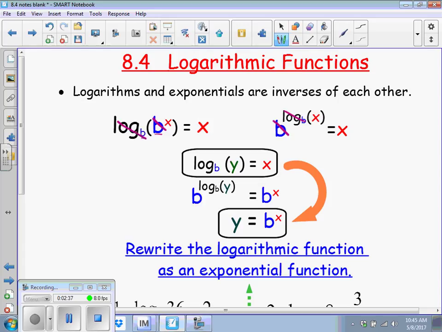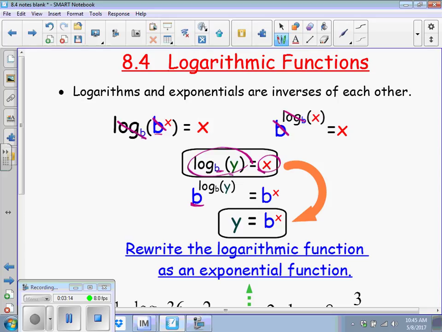So I take this base and use it as the base for the exponent. If I do that on the left, I have to do it on the right, raising both sides to that power. So I say b to the log base b of y equals b to the x.